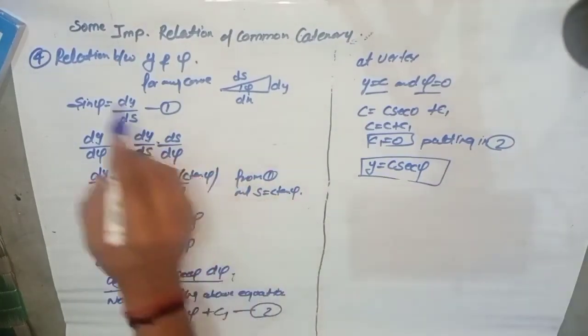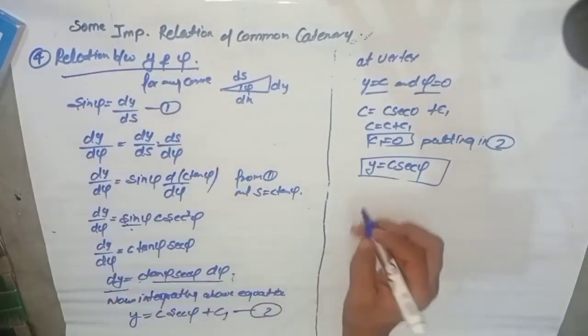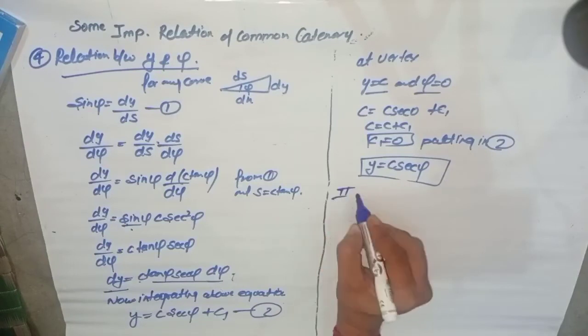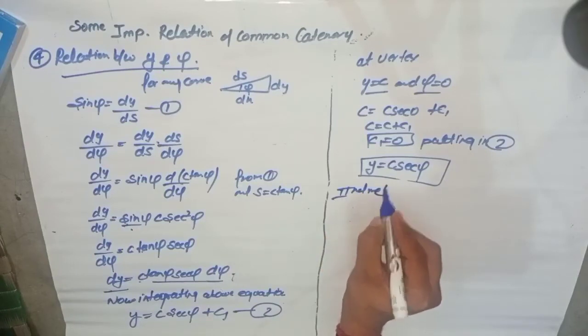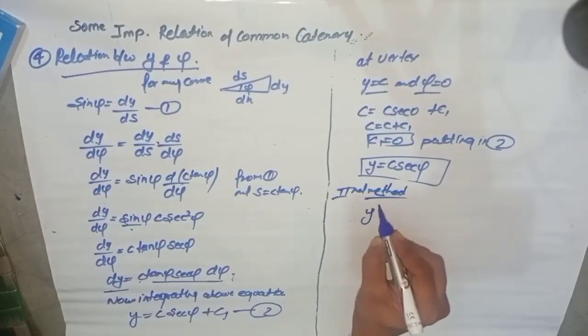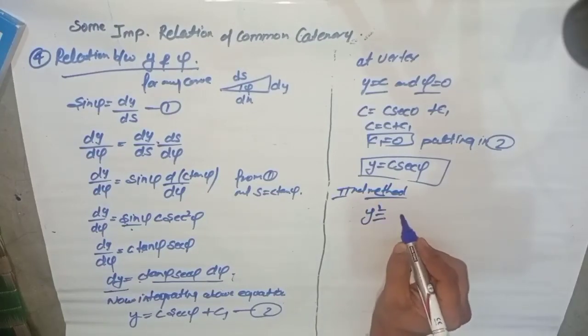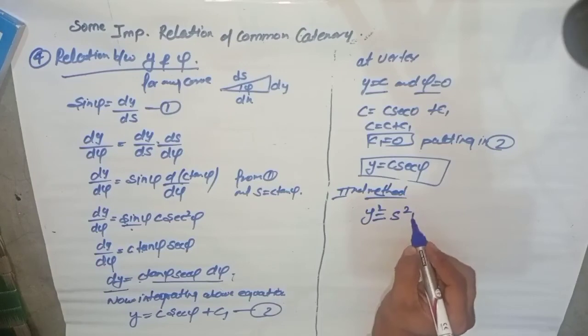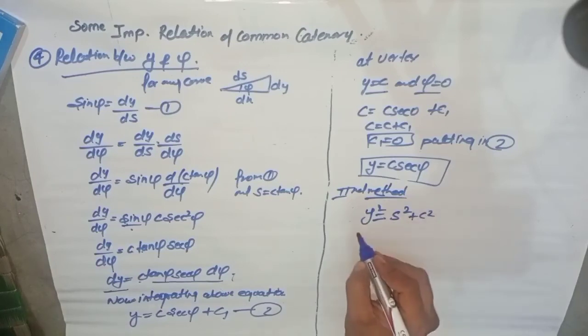Now the second approach to prove the relation between y and ψ is the second method. We also have a relation between y and s: y² = s² + c².